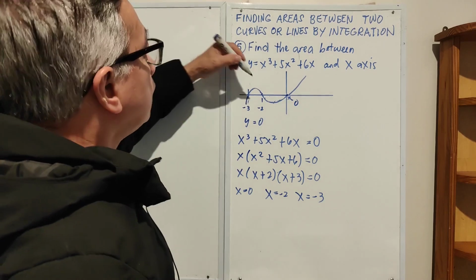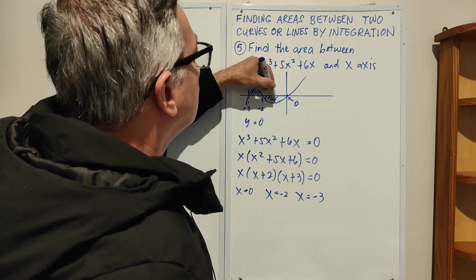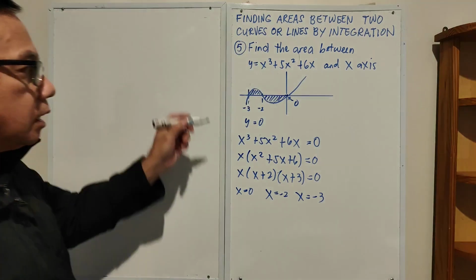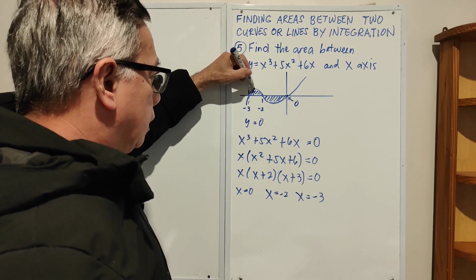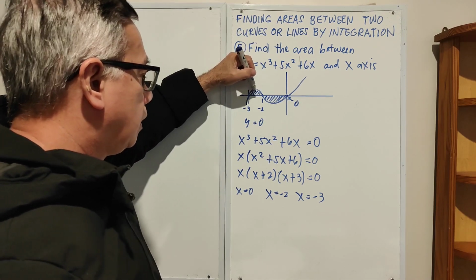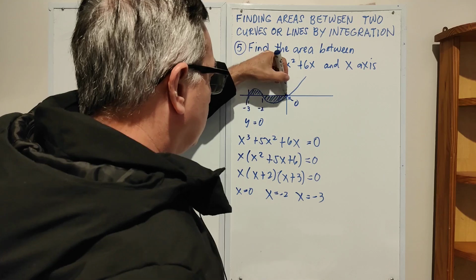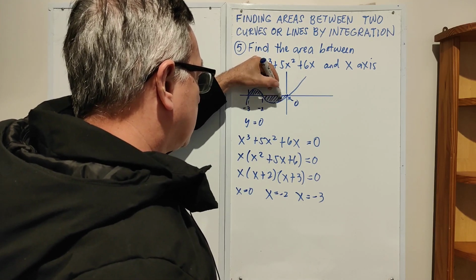So the areas that we need are this one and this one. Now, as you can see, from negative 3 to negative 2, the curve is at the top and the line is at the bottom, while from negative 2 to 0, the line is at the top and the curve is at the bottom.